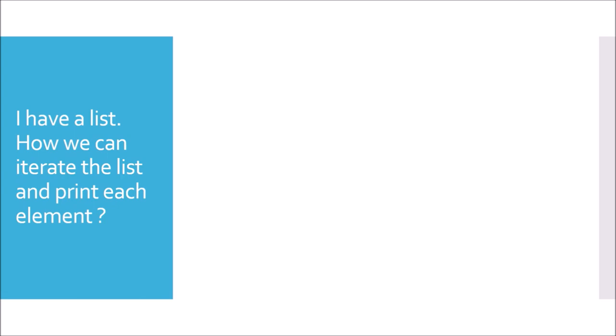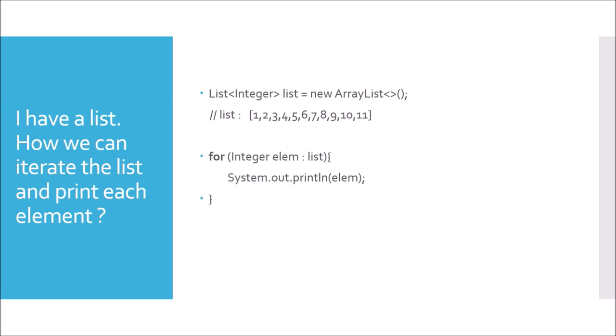I have a list. How can we iterate the list and print each element? Let's suppose I have created an ArrayList of integers, and in this list I have elements like 1, 2, 3 up to 11. Now if I write for (Integer element : list) System.out.println(element), I am using an advanced for loop to print the elements.